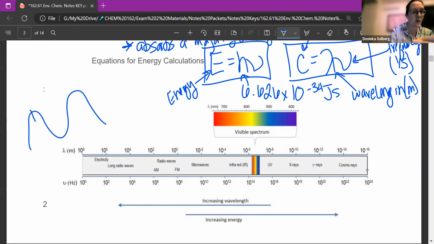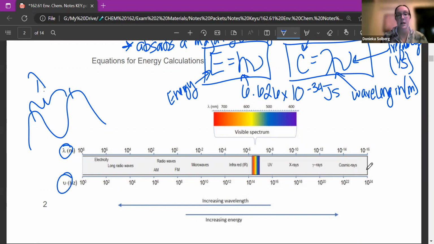This is the wavelength, the distance between two peaks. As it gets shorter, they get closer together, and so we have a higher frequency, so we have a lot more waves passing a point per second. So these are inversely related. As wavelength decreases, frequency increases. Those are inversely proportional.